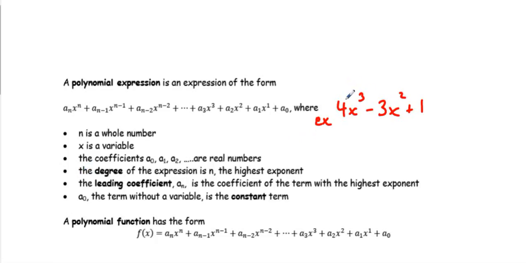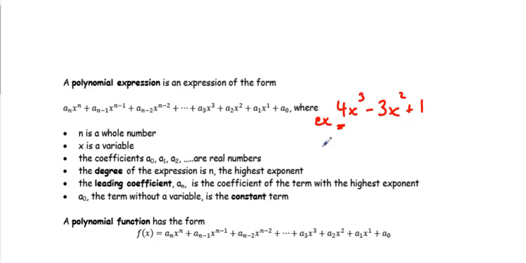It's the highest exponent. Whereas the degree of a power function was just the single exponent because it was a single monomial, the degree of this whole thing is just the highest exponent. The leading coefficient is the one attached to the term with the highest exponent.